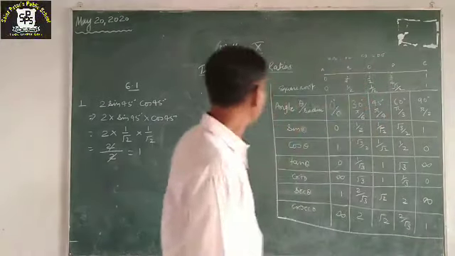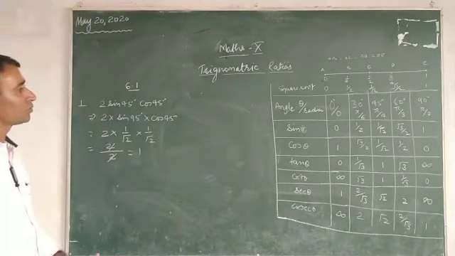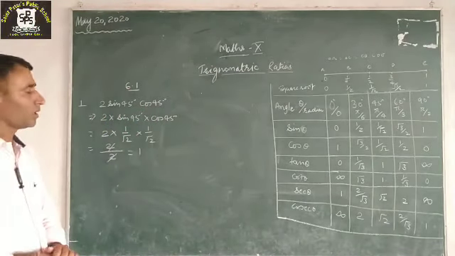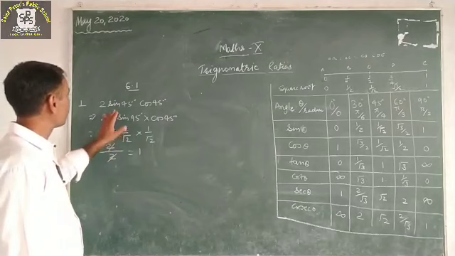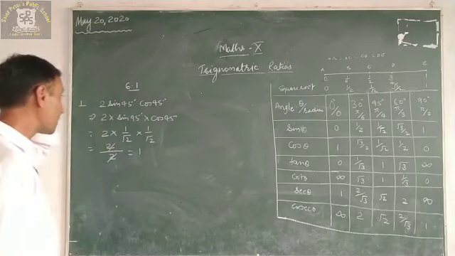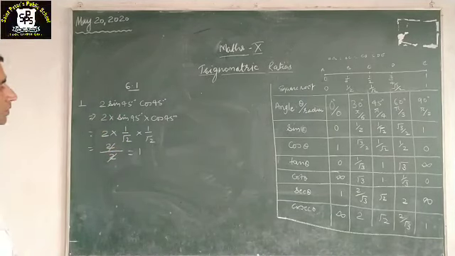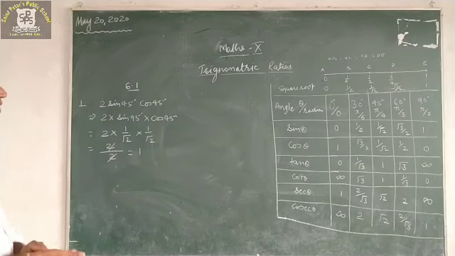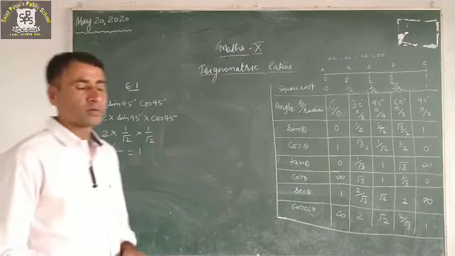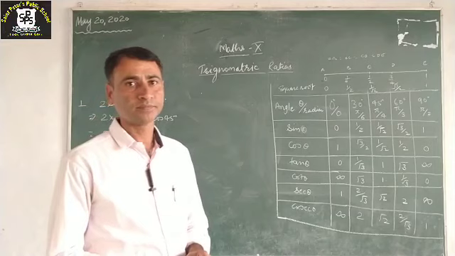I hope you can solve these problems by using this table. If you don't remember the values of sine 45 degree, cos 45 degree or any of the trigonometric ratios, you should refer to this table.